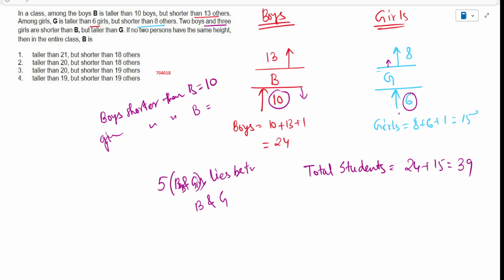Girls shorter than B equal to, sorry, girls shorter than B is how many? Just a second.